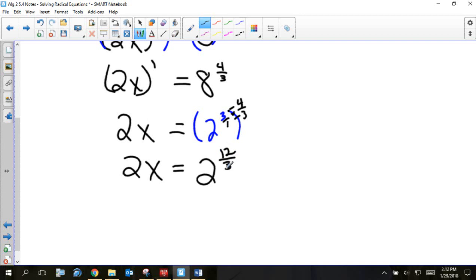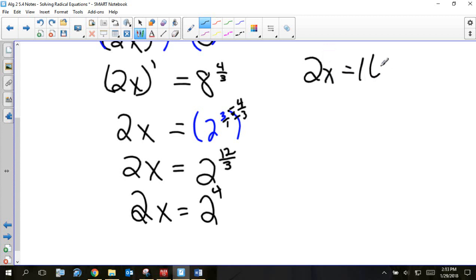So I got 2 to the 12/3, which reduces to 2 to the what? 4. What is 2 to the 4th? So how do we get x by itself? Divide by 2.